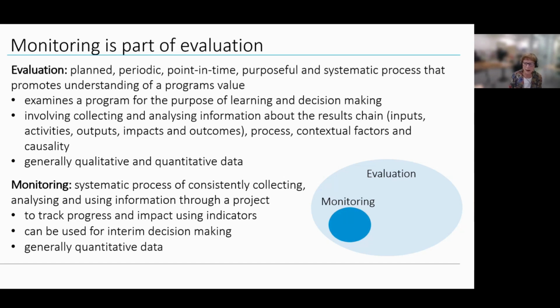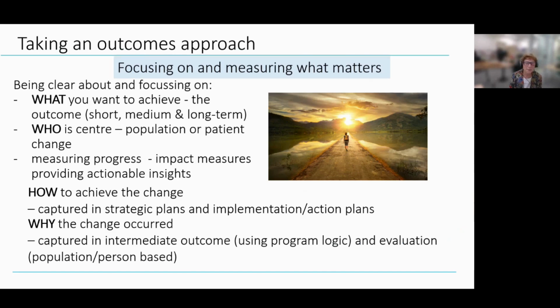So if we're talking about measuring the impact of VICS, one of the key questions is, what is the time frame and the scope of the measuring of your impact? The other core concept that I just wanted to touch base on, and I'm sure this is not a new concept for any of you, but let's think about what is an outcomes approach.